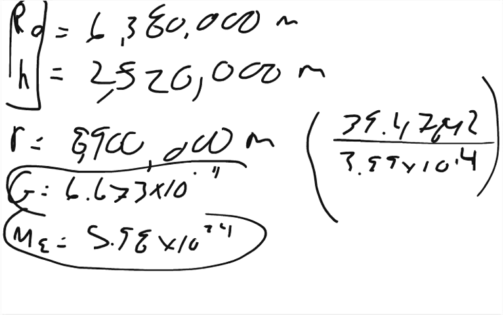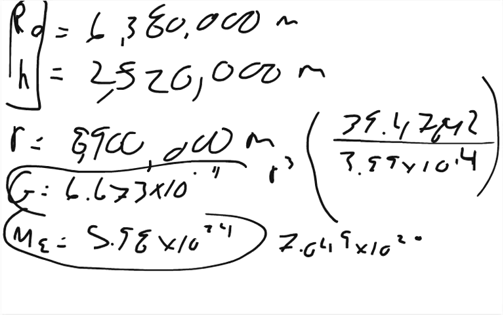I divide by this, and I also have to multiply all this by radius cubed. The radius is, as we said, 8,900,000. Radius cubed is 7.049 times 10 to the 20th power.